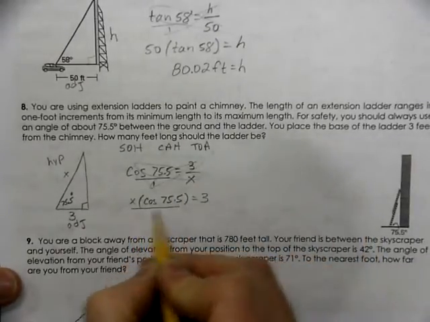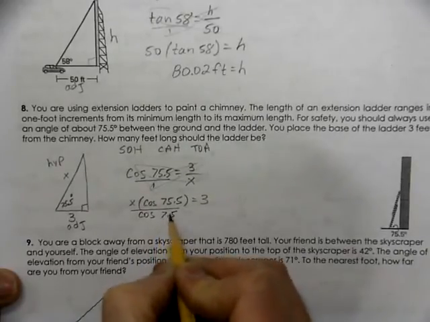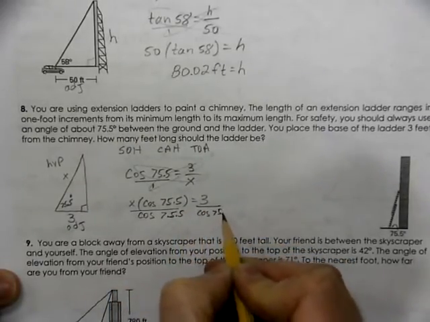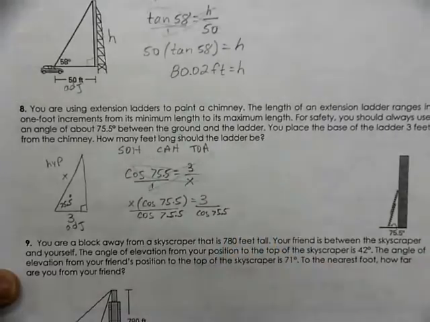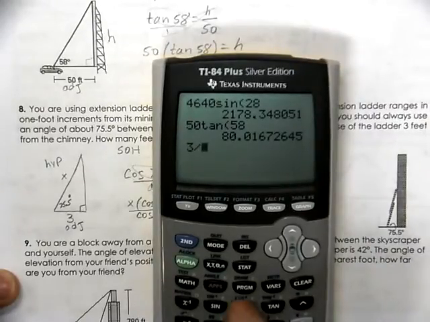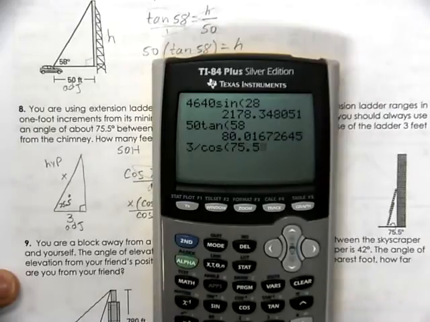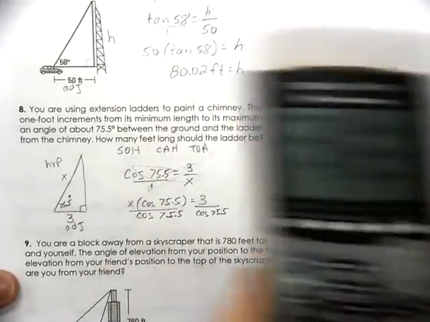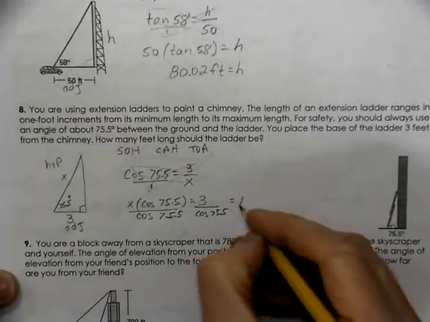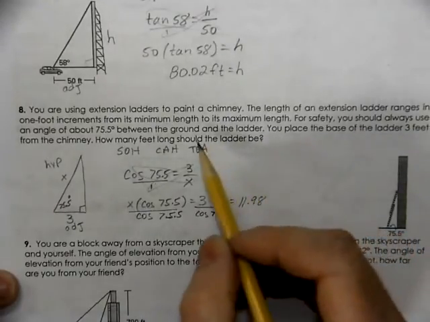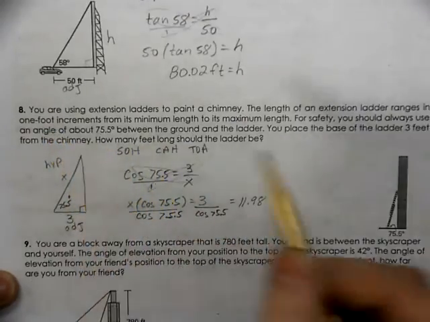And then we would need to divide by the cosine of 75.5. So 3 divided by the cosine of 75.5. We get 11.98. And again, we're looking here at 1 foot increments.